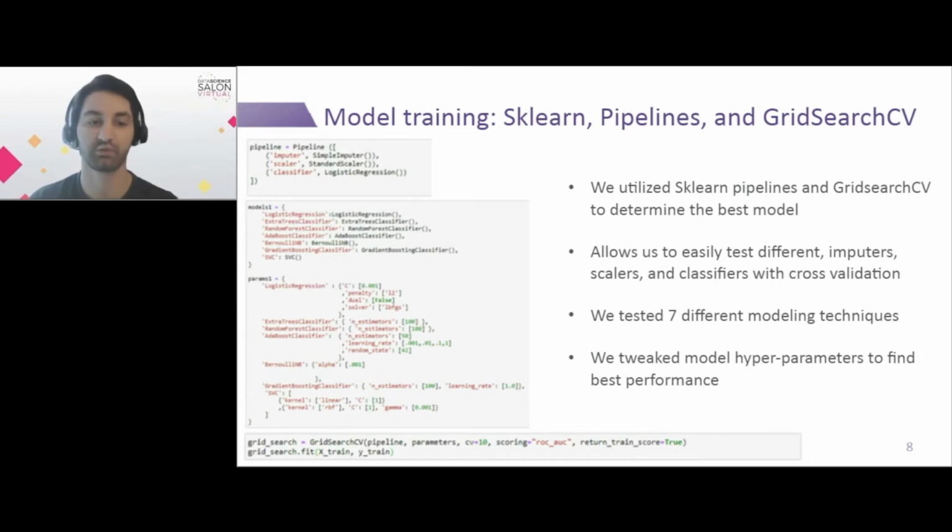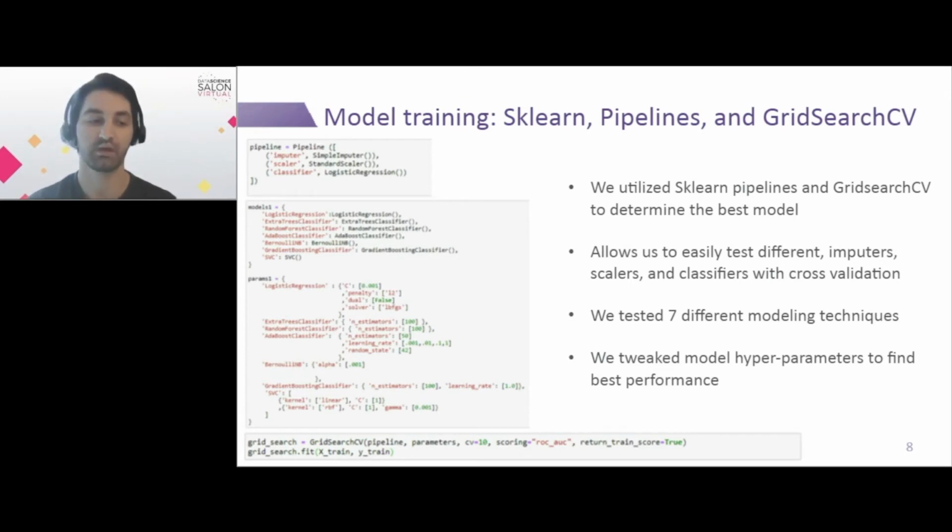If you're not familiar with that, I would highly recommend exploring it. Essentially, it enables you to feed in a pipeline, which is all these different ways to transform your data, and include cross-validation and a scoring metric, which we used as ROC AUC because, if you remember, of those 60,000 diabetic patients, only 1,500 of them actually had an avoidable admission.